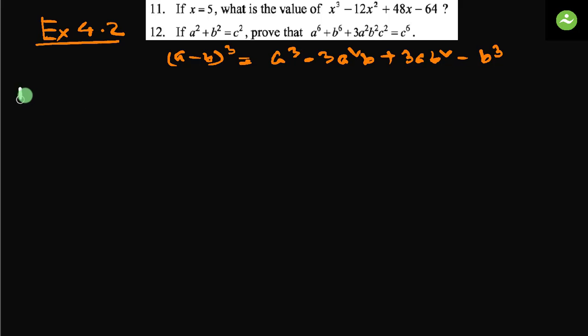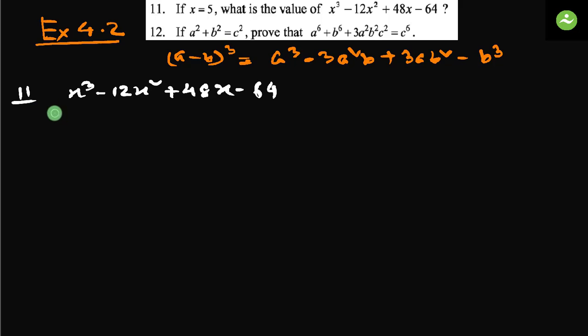Question number 11. Given expression is x cubed minus 12x squared plus 48x minus 64. This can be written in the form of a cube minus 3a square b plus 3ab square minus b cube.